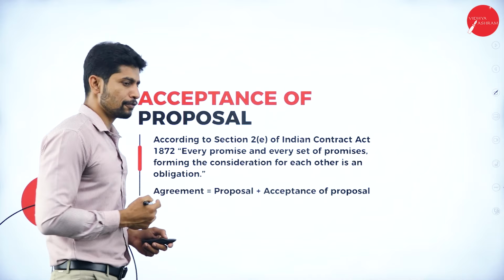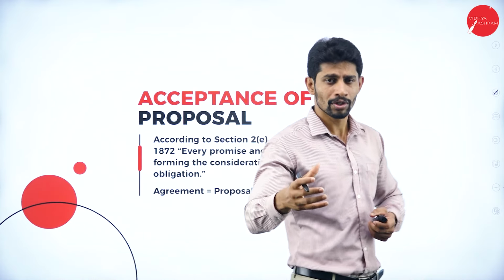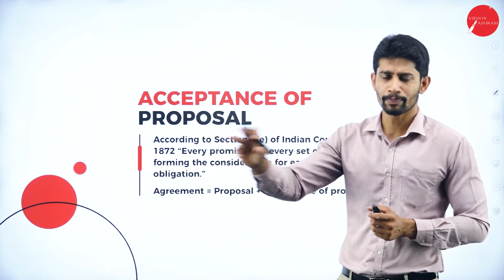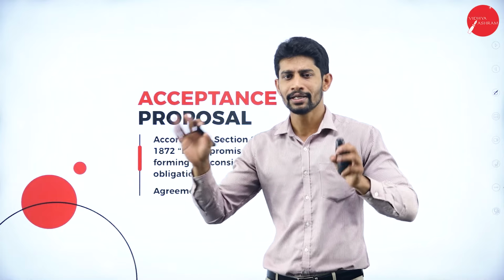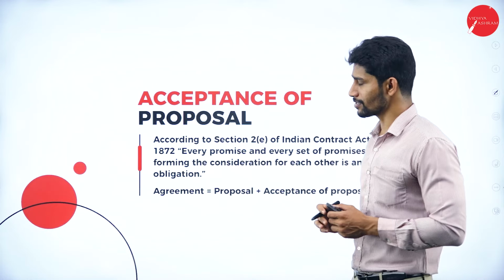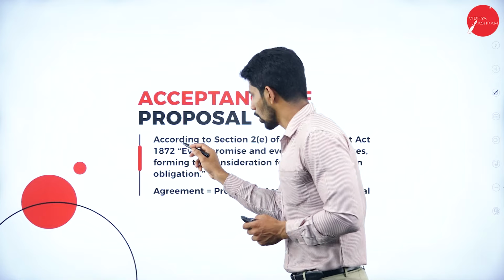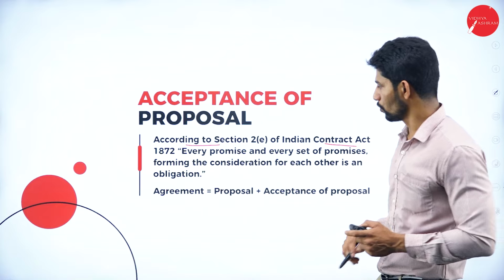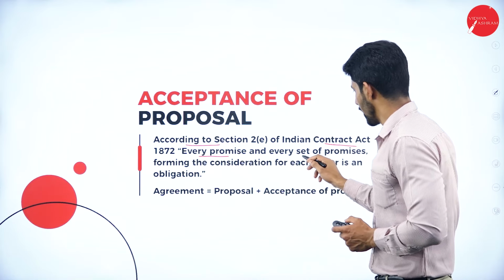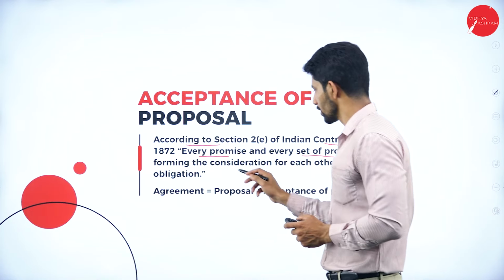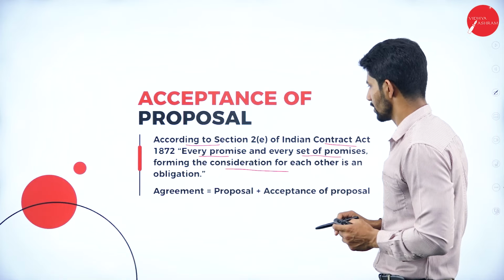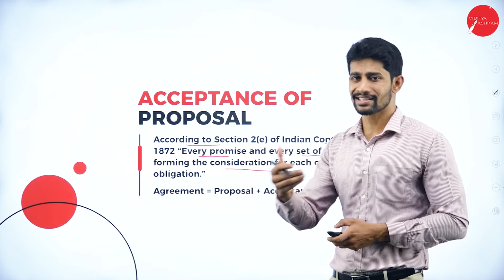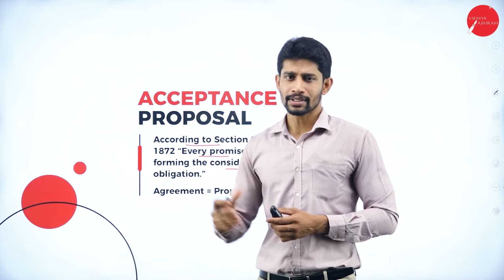Next, acceptance of proposal. One party is going to propose, going to tell that I am going to sell my property, and gives the proposal to the other party by stating that I am selling my property. Next thing is acceptance of proposal. Here you can see, according to Section 2(e) of the Indian Contract Act 1872, every promise and every set of promises forming the consideration for each other is an agreement. The other party is going to accept whatever proposal is given by the first party.